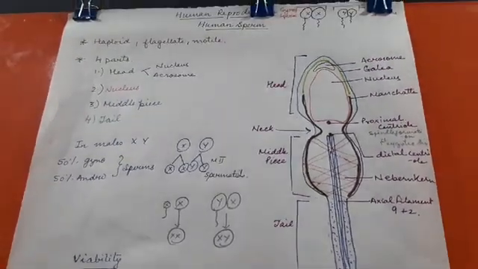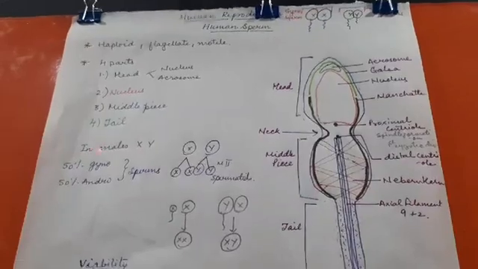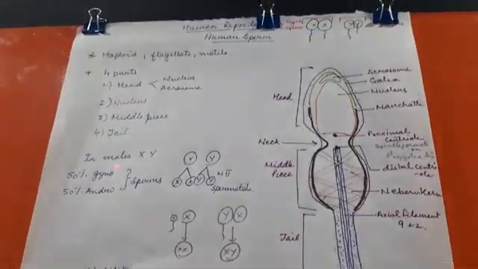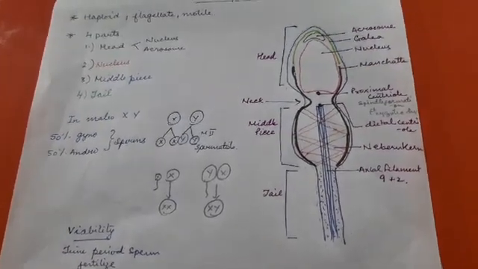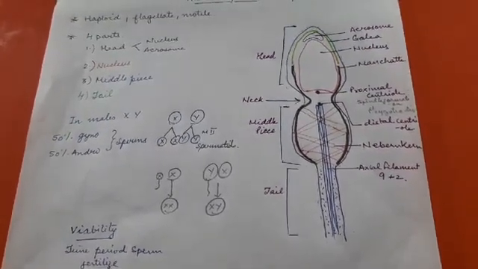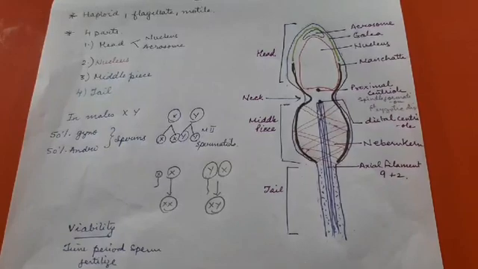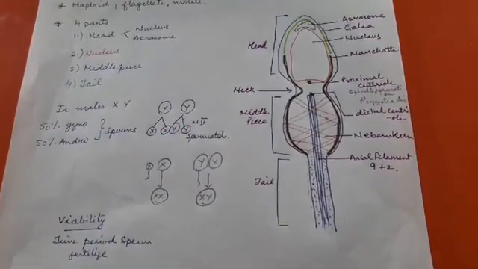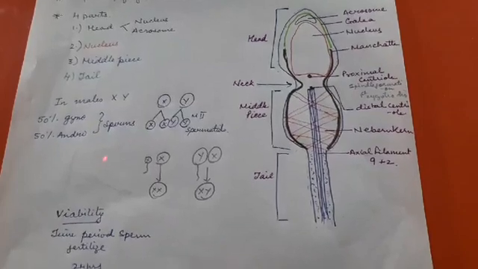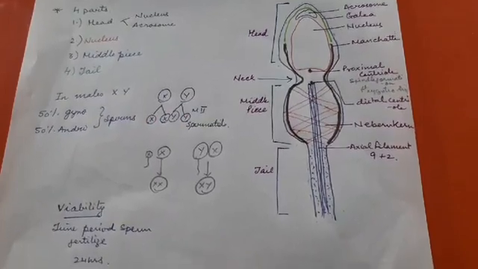In males, the sex chromosomes are X and Y. So if a germ cell containing X and Y divides, it is going to give 4 daughter cells. These 4 daughter cells are going to have half the number of chromosomes.